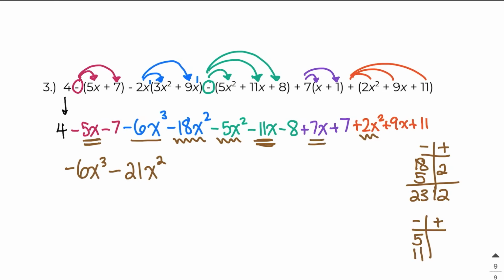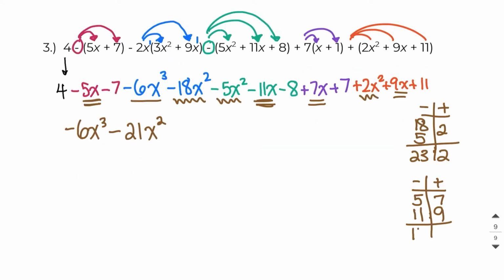Team positive won these 7 points right here, and team positive won these 9 points right here. So I can see that team negative won 16 points, team positive won 16 points, which means that nobody won the game, okay? There's no more positives than there are negatives or vice versa. So I would have 0x. But I don't have to write down 0x. I can just not write down any x's at all.